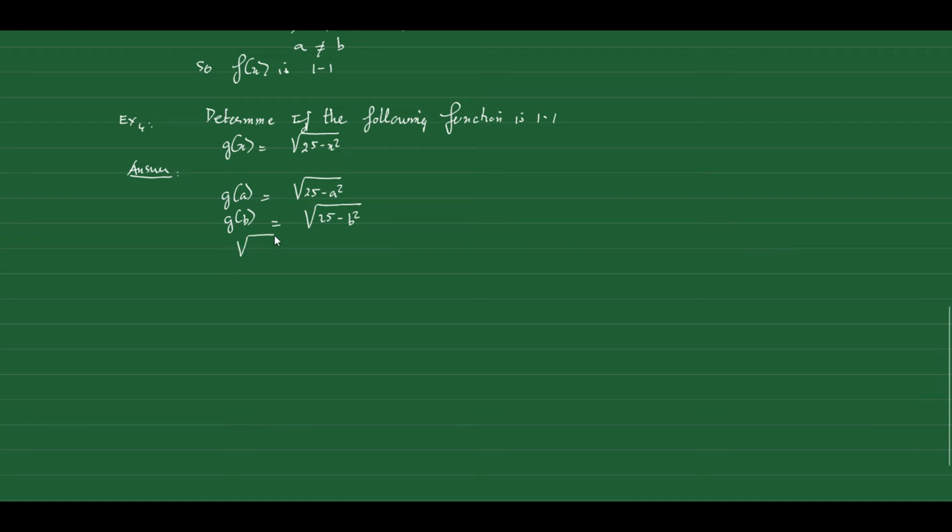So if it's different from this, now we can show a different from b if we go ahead and square them.